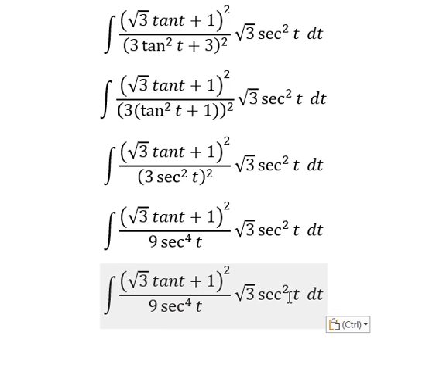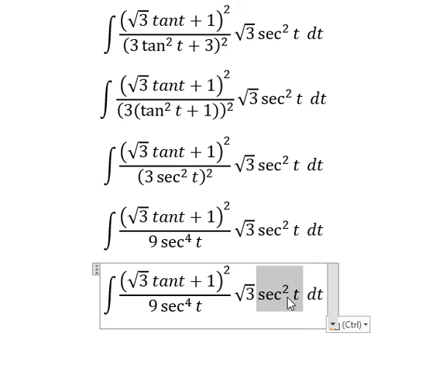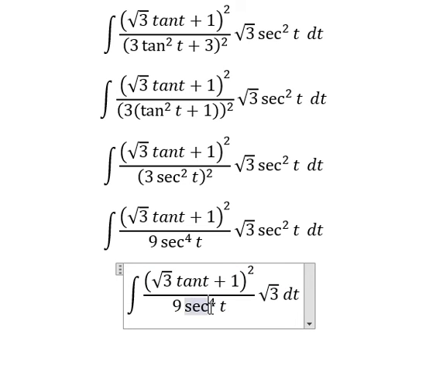Next, we simplify secant of t squared on numerator and denominator, and the square root of 3 over 9. So we put them outside.